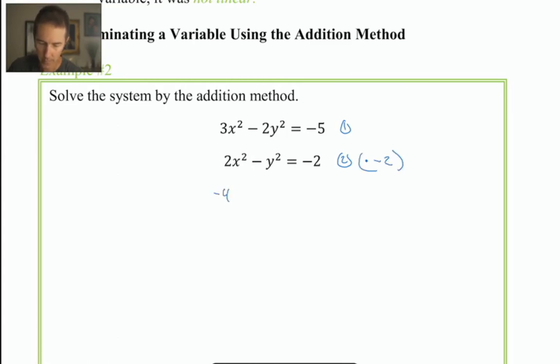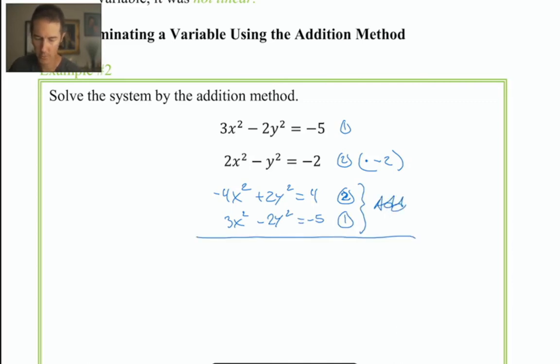That gives us -4x squared plus 2y squared equals +4. That's equation 2 still. And then equation number 1, I'm just going to write it down right below it. 3x squared minus 2y squared equals -5. That's equation 1. And then let's add those equations together in order to eliminate our y terms.